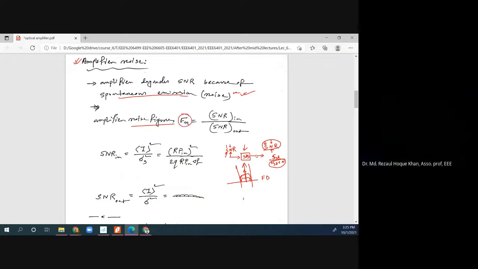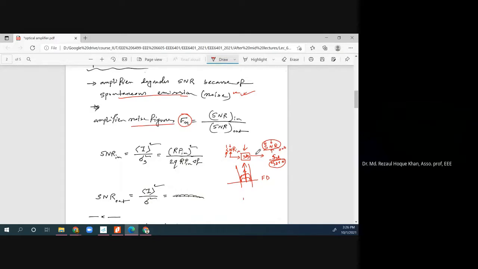We call this term noise figure. Noise figure is nothing but the signal to noise ratio at the input over the signal to noise ratio at the output. Definitely, because noise increases, the signal to noise ratio decreases. This output value is lower and the input value is always higher, so the noise figure is always greater than 1, because the input SNR is always higher than the output SNR.